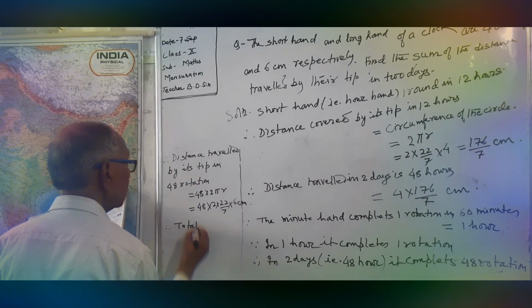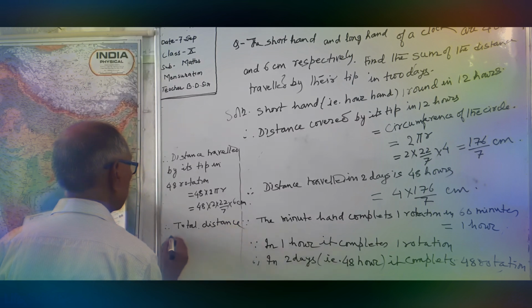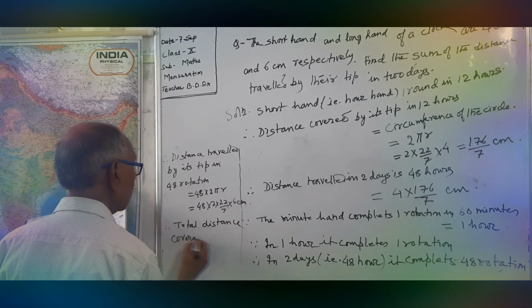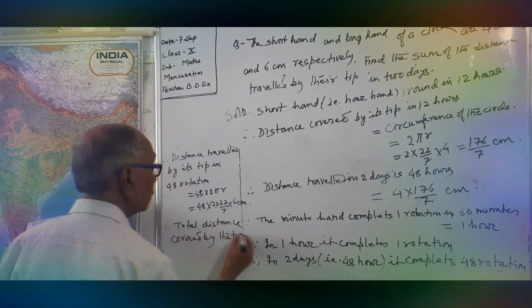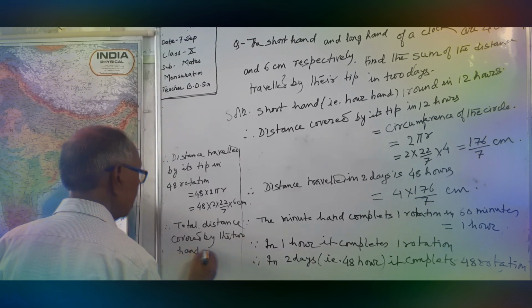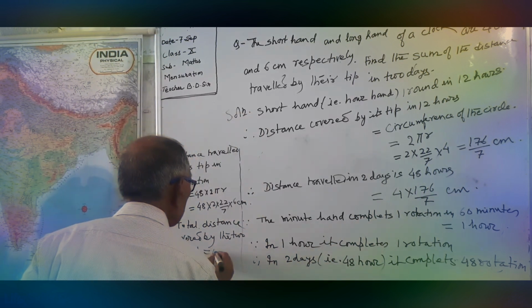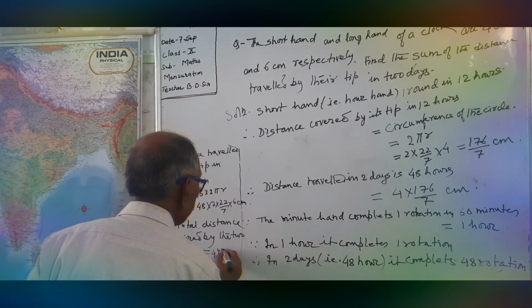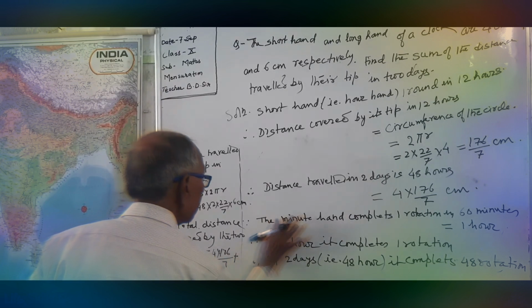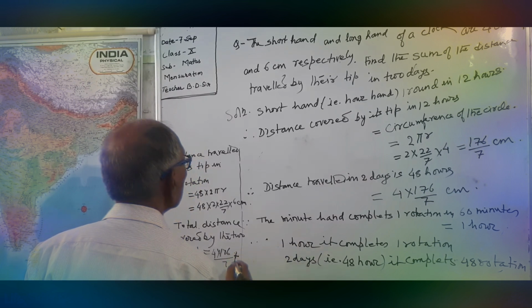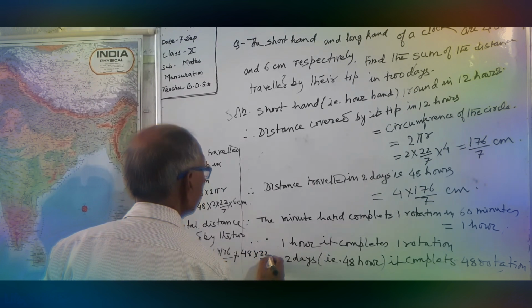Therefore, total distance covered by the two is equal to, we shall add 4 into 176 by 7 plus 48 into 22 by 7 into 6.